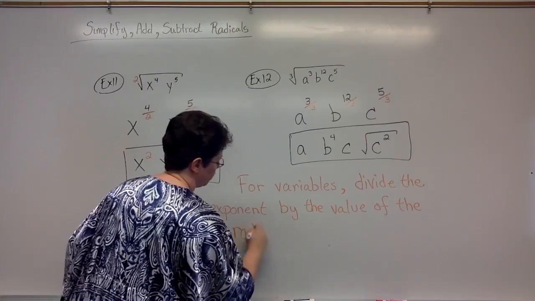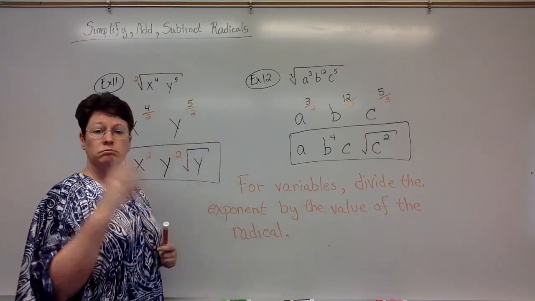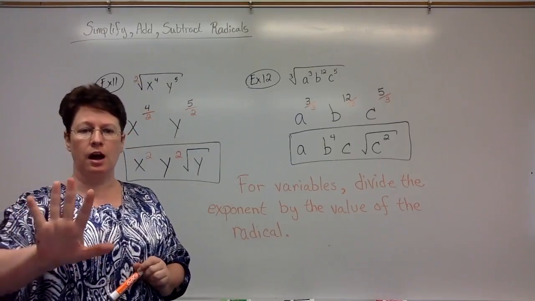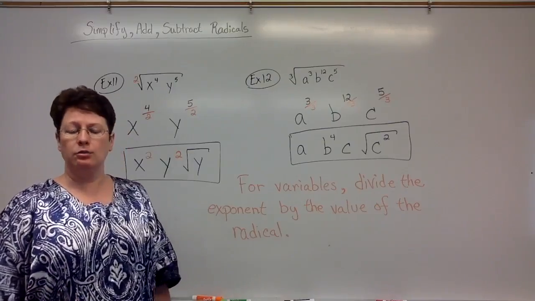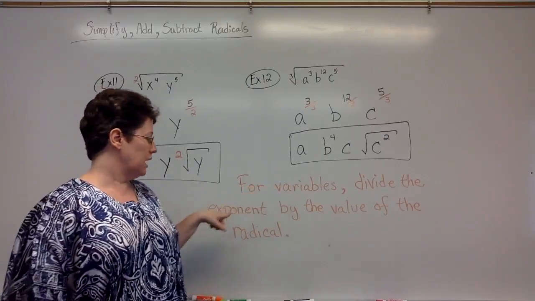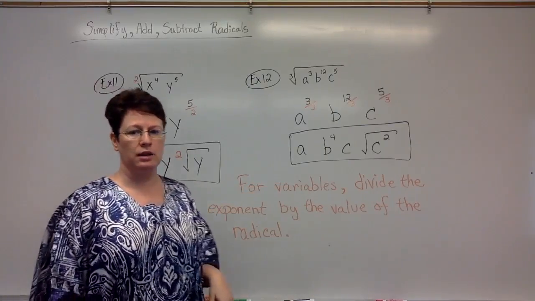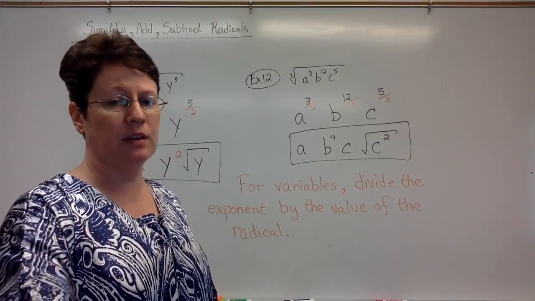So if it was a fourth root, I would divide by 4. If it was a fifth root, I'd divide by 5. If it was a 10th root, crazy, I would divide by 10. Okay, every single time you divide the exponent by the value of the radical. And that's how you do the variables in simplifying them for radicals.